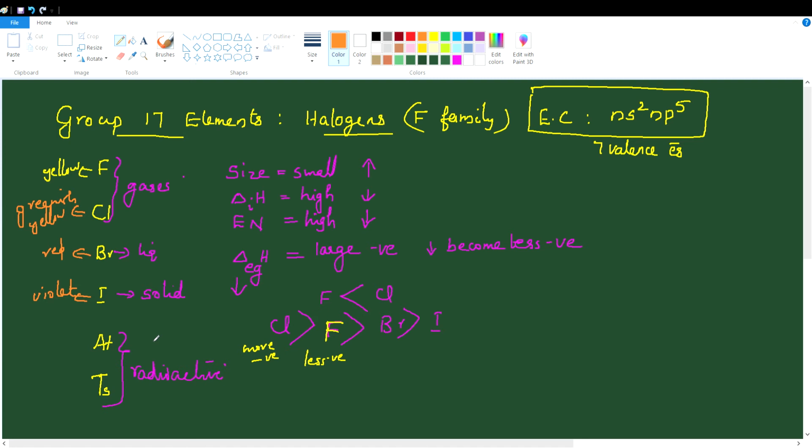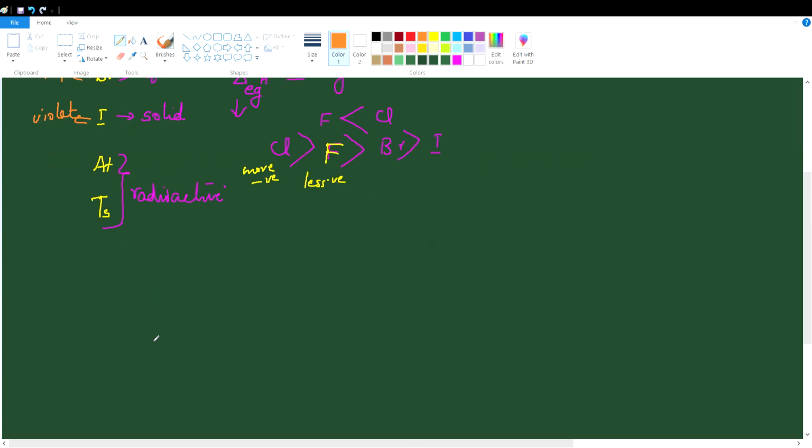If you compare the bond strength or bond enthalpy of halogens, halogen single bond, we see that the fluorine single bond is weaker than chlorine-chlorine single bond and also bromine-bromine single bond.